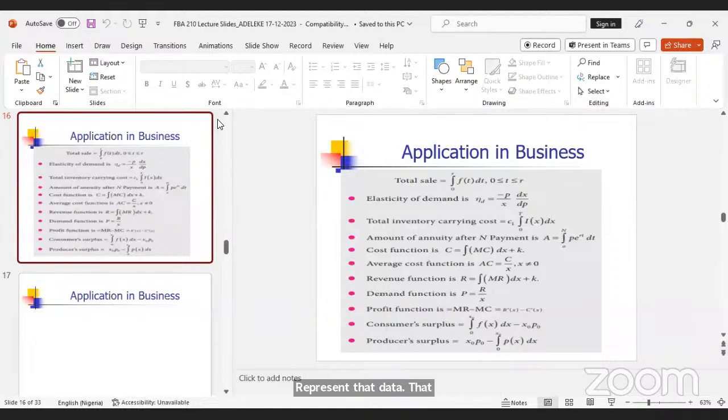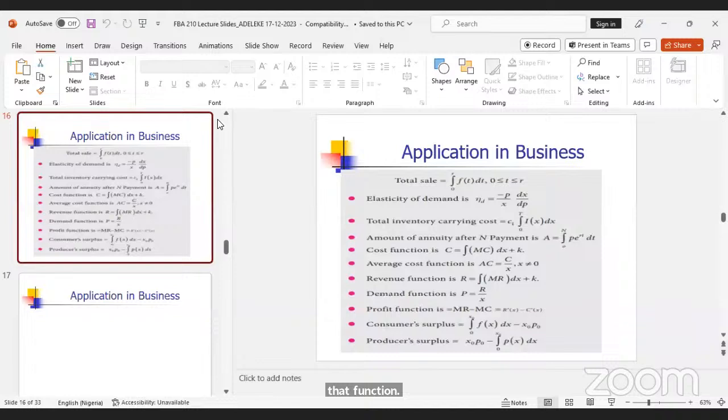That function will be your total function because it takes care of all the available information. So if you are interested in the marginal, for you to move from total to marginal, you will differentiate that function.